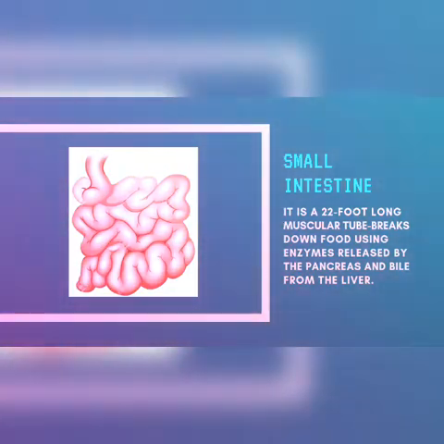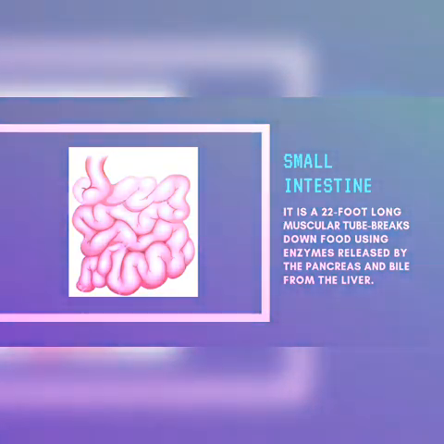So the small intestine is a 22-foot long muscular tube that breaks down food using enzymes released by the pancreas and the bile from the liver. Peristalsis is also at work in this organ, moving food through and mixing it with digestive secretions from the pancreas and the liver.